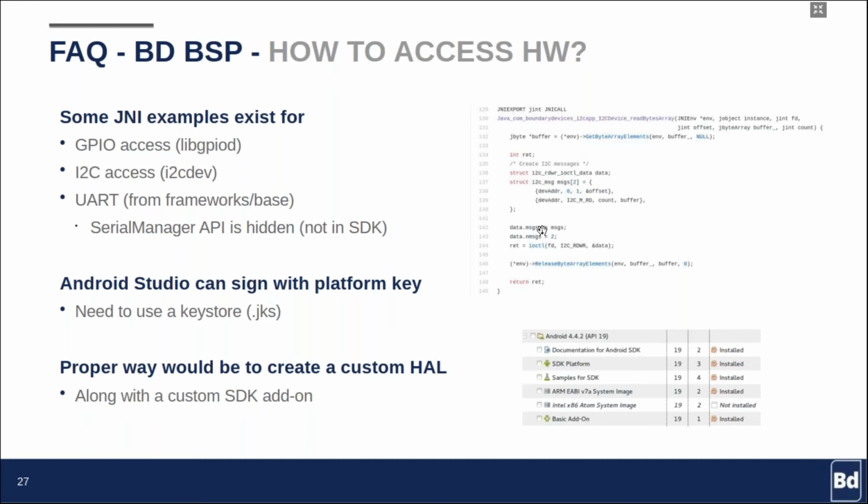Since we use the JNI, as this is the simplest solution possible, you need to sign your application with the platform keys, which might not be ideal for your project. So the proper solution would be to create a custom hardware abstraction layer with the SDK add-on. But Nicola will cover that in a few minutes.